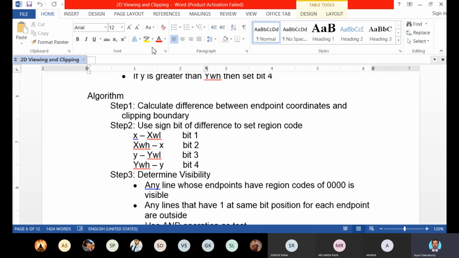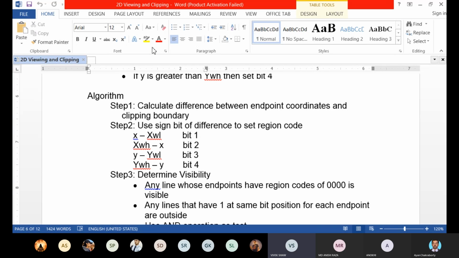If XWH minus X is positive, then what does it mean? XWH lies in the east of the central region.